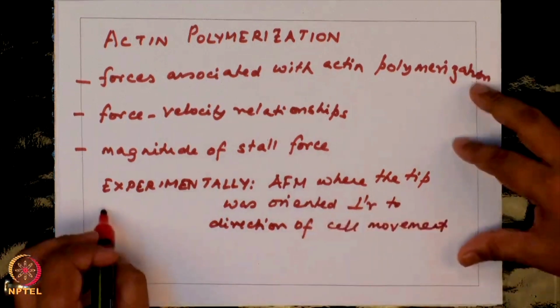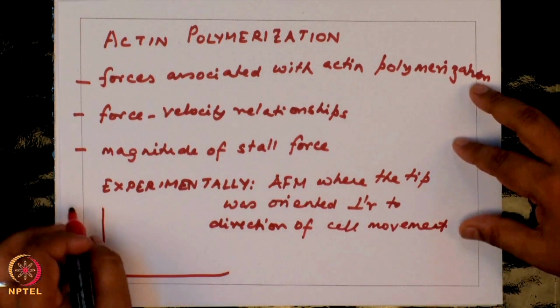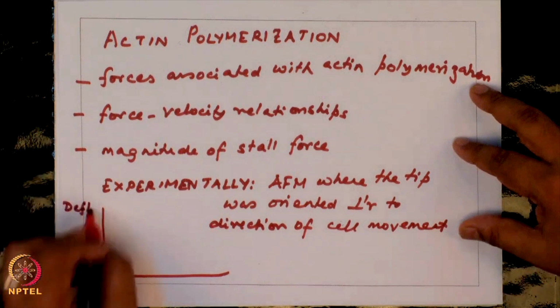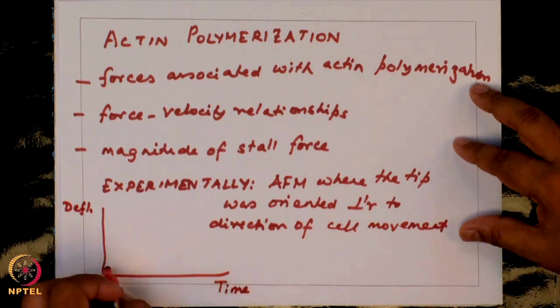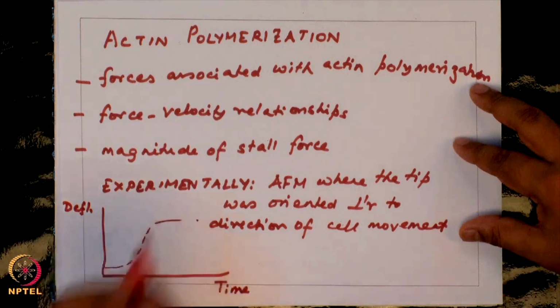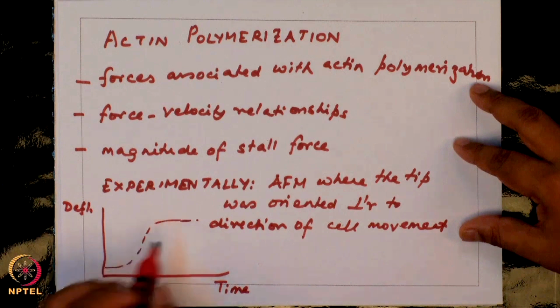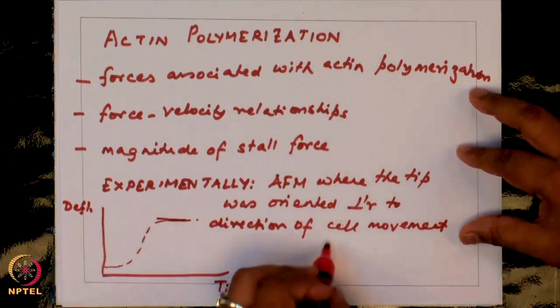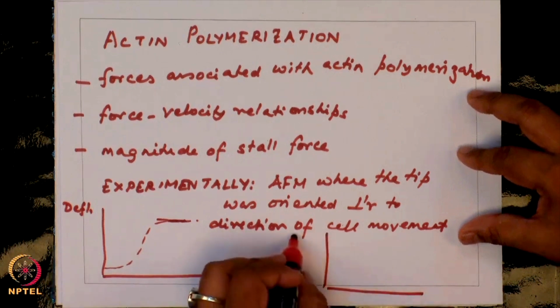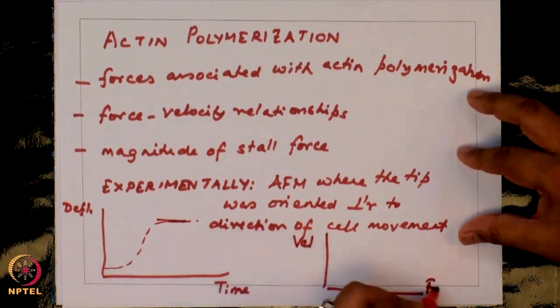As a consequence you can track the deflection as a function of time, and you would get a deflection profile which is something like this. Once it plateaus, from this curve you can get the speed or velocity and the force as well.